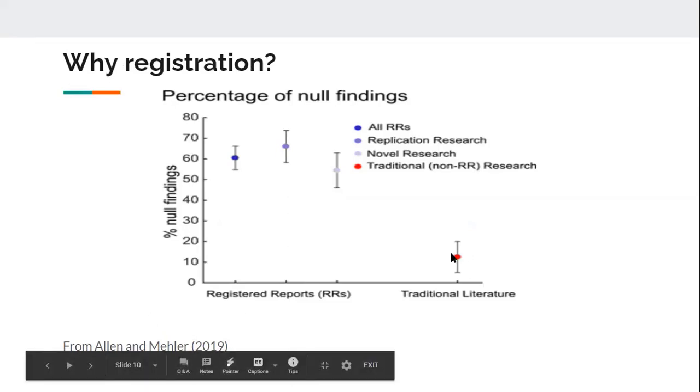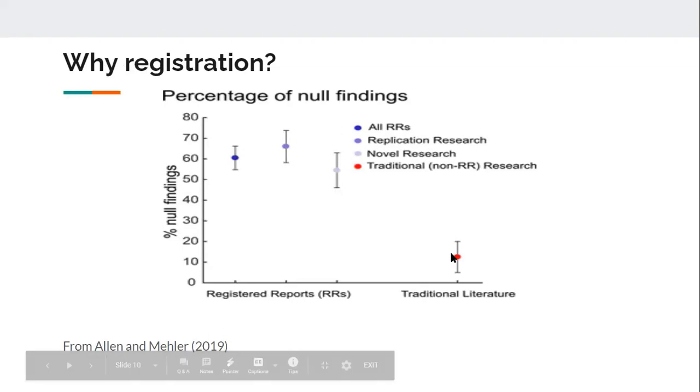Very often in the traditional literature, significant findings are way more likely to be published, but they may not be reflective of reality. They may not be reliable. In reality, a registered report is more likely to result in null findings, which are actually more realistic and reliable.